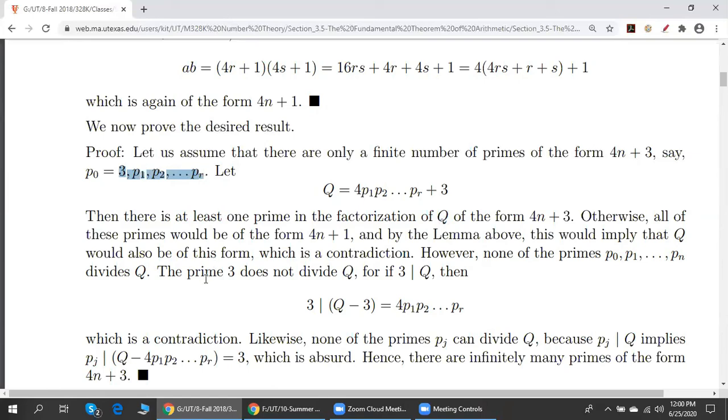On the other hand, we show that if q is divisible by 3, we get a contradiction, and if q is divisible by one of these numbers, we get a contradiction. Therefore, what is written here is not true. Therefore, the opposite is true, which means there are infinitely many prime numbers of the form 4n plus 3.